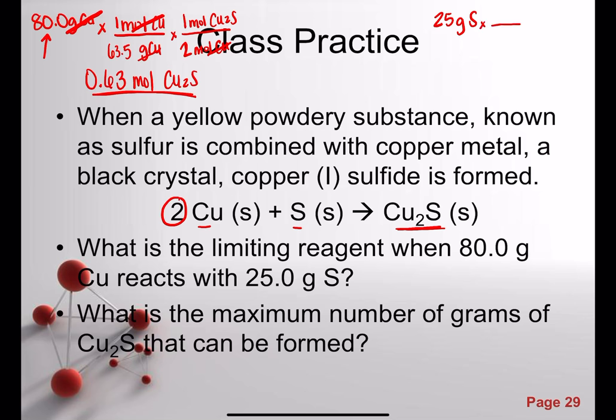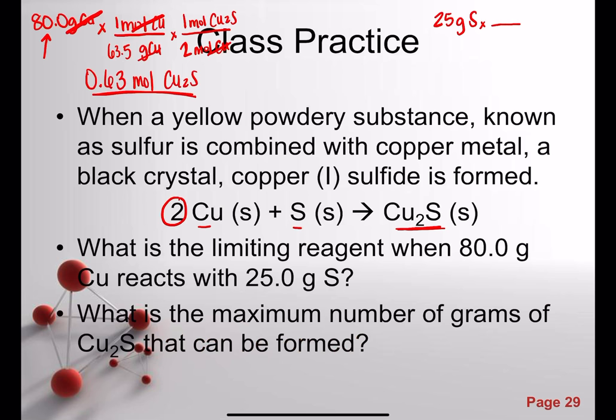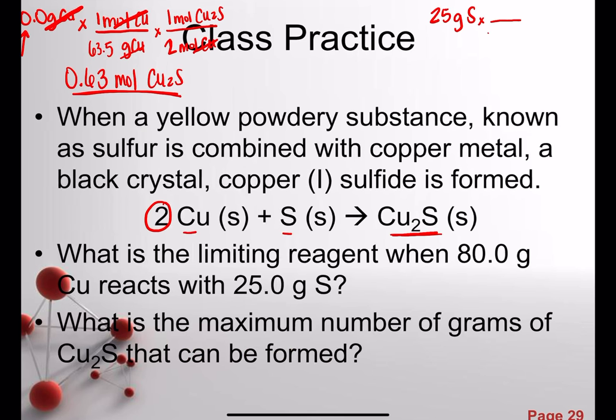So we've got to look at the molar mass of sulfur. 32 grams of sulfur in 1 mole of sulfur. Then we're going to do our mole-to-mole ratio. 1 mole of sulfur makes 1 mole of copper sulfide.